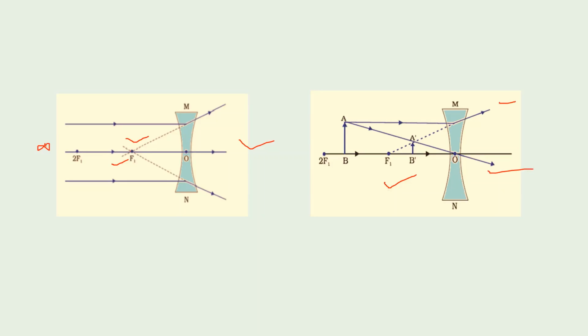So when we extend this ray geometrically, it will intersect this ray at point a dash b dash. So image will be formed here. Both rays are not actually passing through these points. So the image will be virtual and erect. So concave lens always forms virtual and erect image.